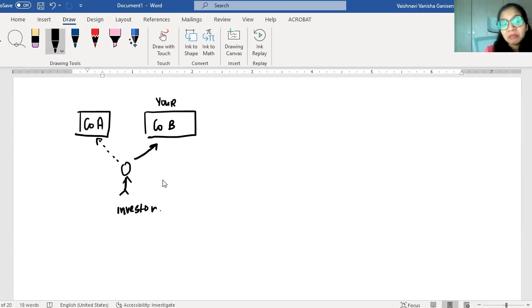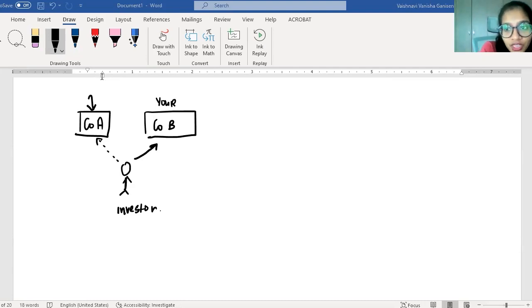So what it means here is the return from company A's projects is actually an opportunity cost for you, because when they choose to invest in your company, they lose the opportunity to earn returns from company A. Thus, you must understand that the investor deems the return from company A as an opportunity cost.